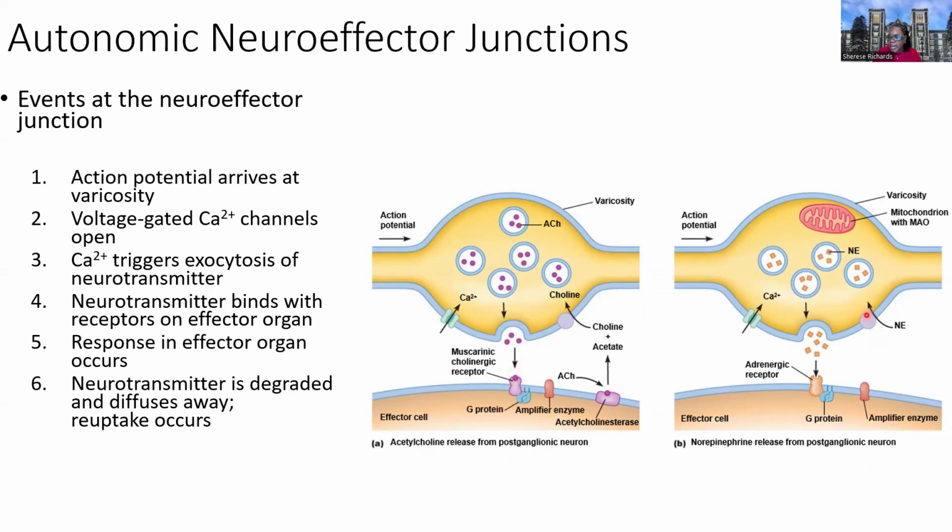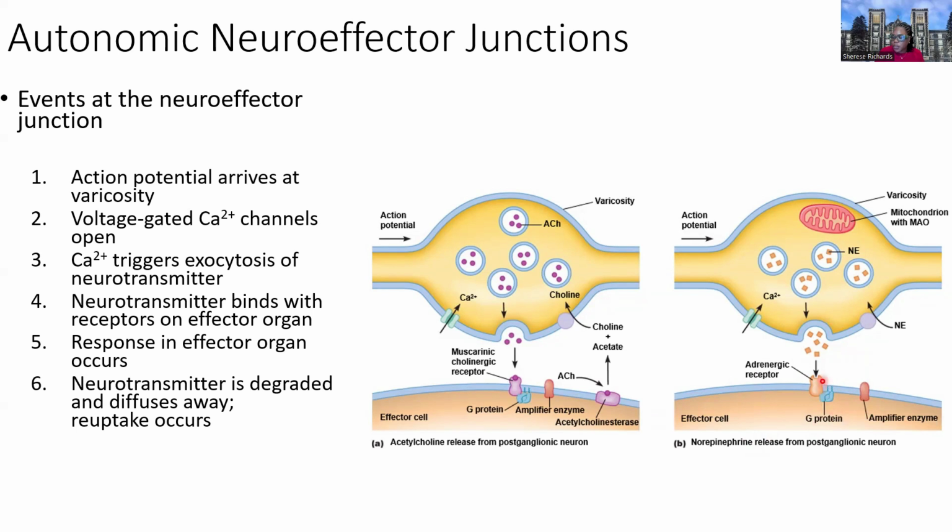On the sympathetic side, the neurotransmitter is different, right? It's catecholamines, namely norepinephrine. And so that will bind to adrenergic receptors. So this can be many of the variations we looked at, alpha receptors, beta receptors, depending on where this tissue is located.